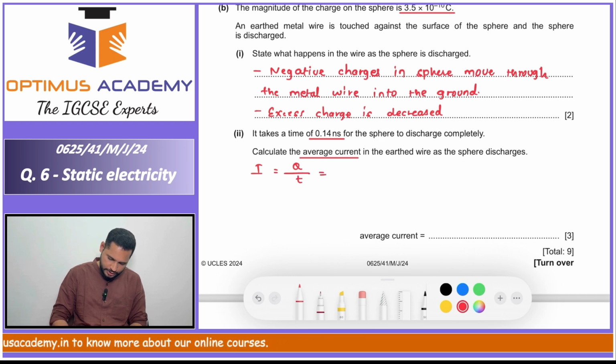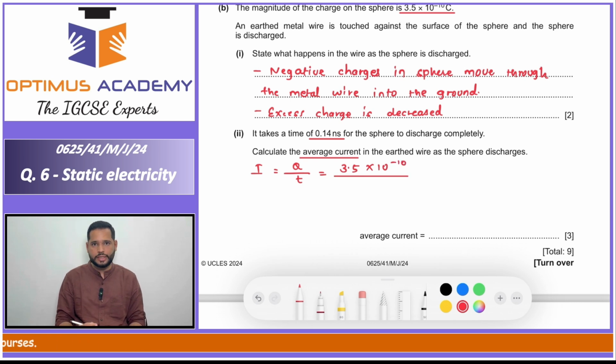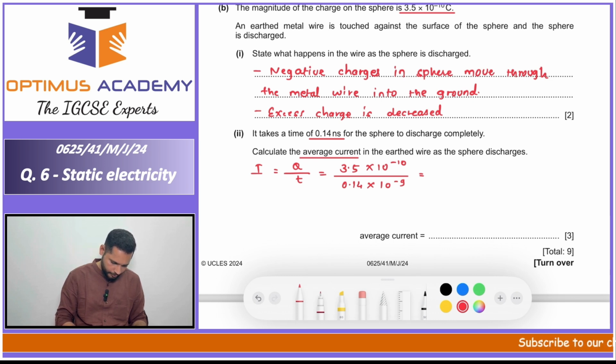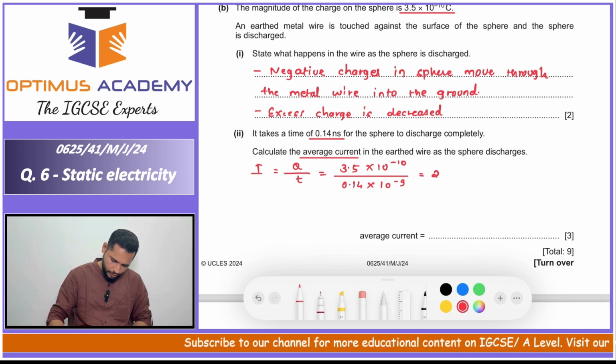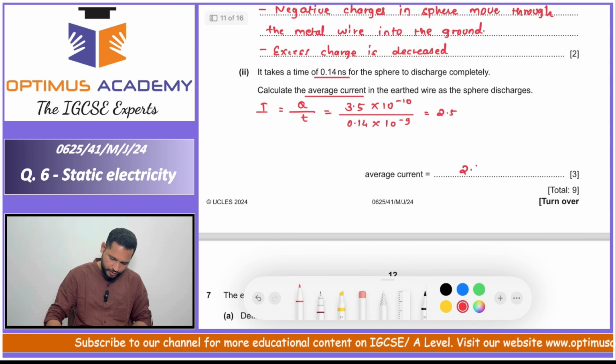The value for charge is 3.5 into 10 raised to minus 10 and divided by time. Please note that it is 0.14 nanoseconds. The power of 10 for nano is 10 raised to minus 9. So we will have to write 0.14 into 10 raised to minus 9. If we do this on calci, it is going to be 2.5. So what is the value of current? It is 2.5 ampere.